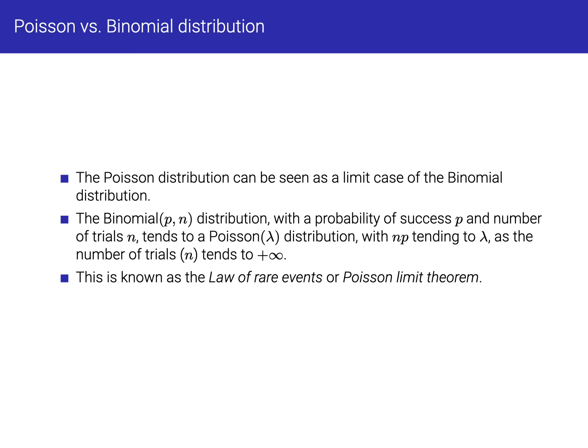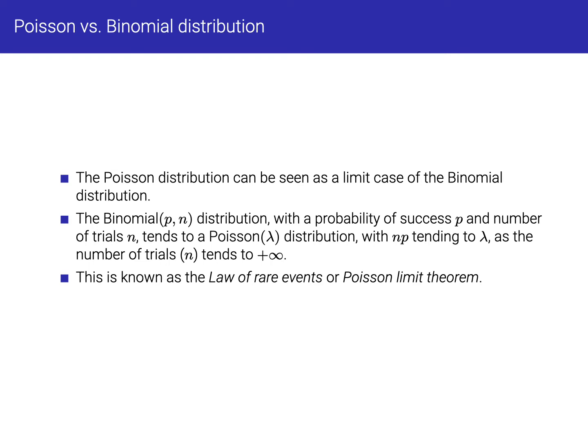So if we multiply P times N and we just fix that value, so we fix N times P, but we increase the number of trials. So for the same rate, but increasing the number of trials. In other words, as we increase N, the number of trials, we would need to decrease proportionally the probability in order to maintain N times P constant.